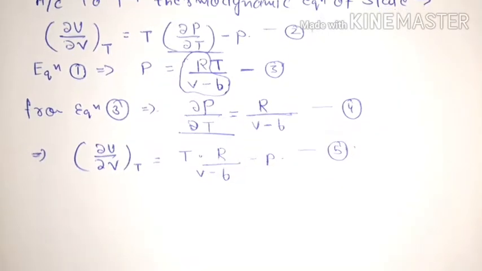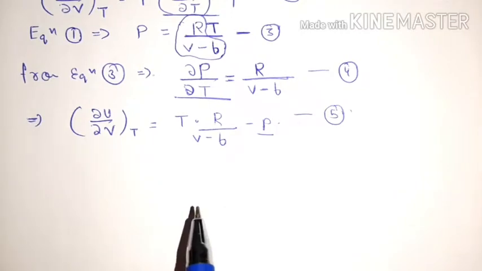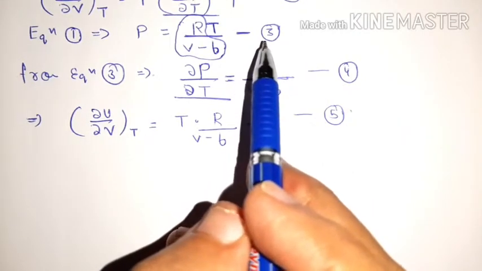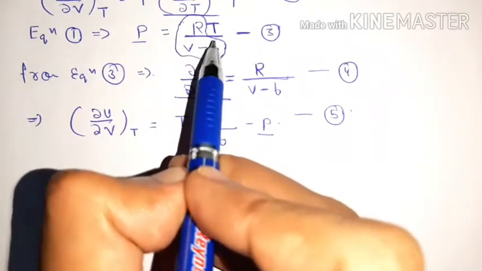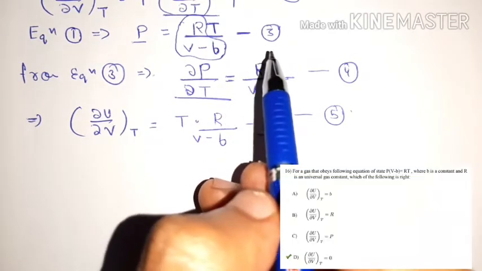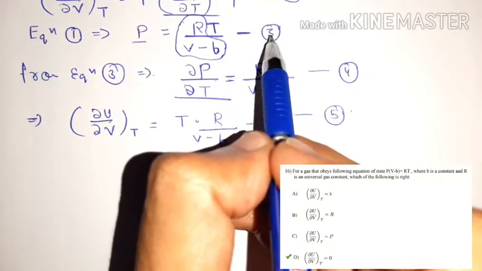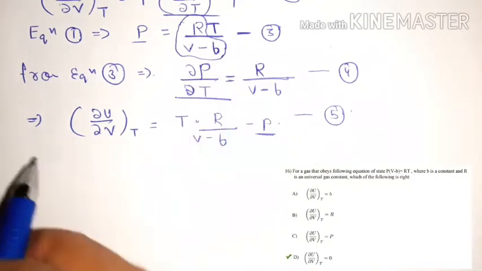Now friends, in equation number 5 we have P, and from equation number 3 we have the value of P, that is P is equal to RT upon (V minus B). So in equation 5 put the value of P from equation number 3.